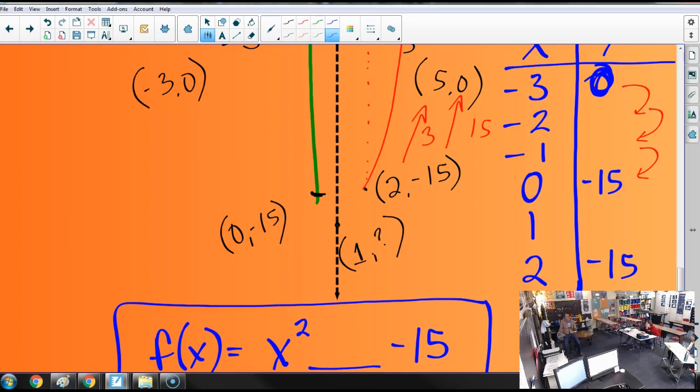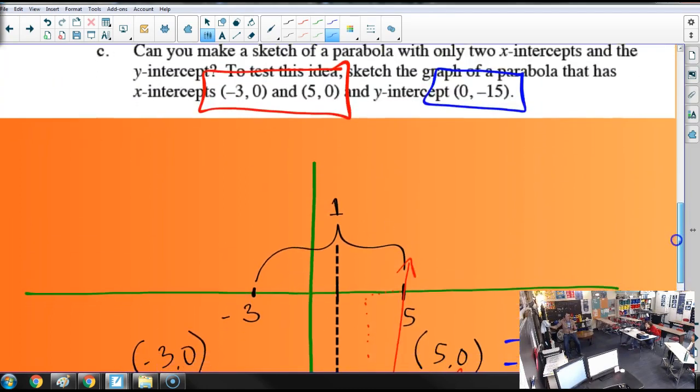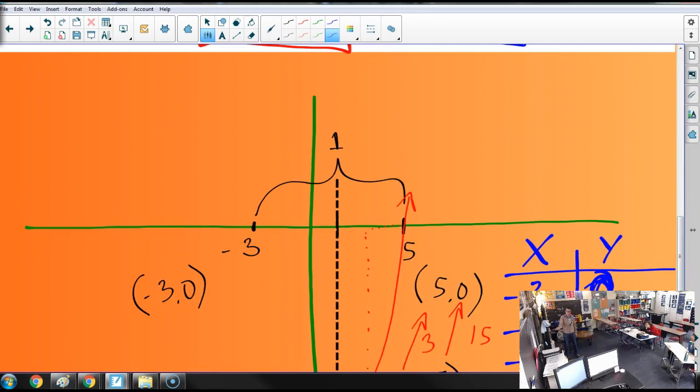Wait, I remember something. These points are special to our parabola because it goes down and comes up. And these are our zeros, right?